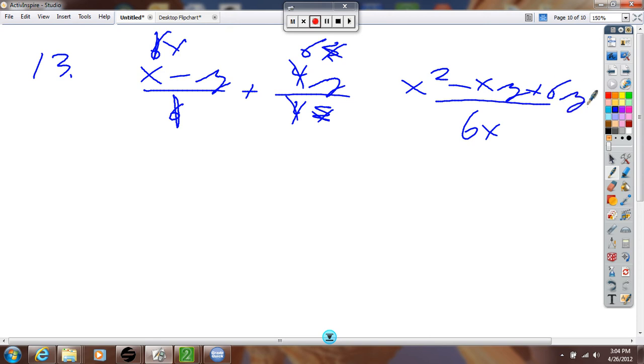Is there anything I can put together on top? Nope. Is there anything that's common to everything that'll cancel? No. There's an x here, here, and here, but there's no x over here. So, nothing you can do with it. That's your answer. All there is to it.